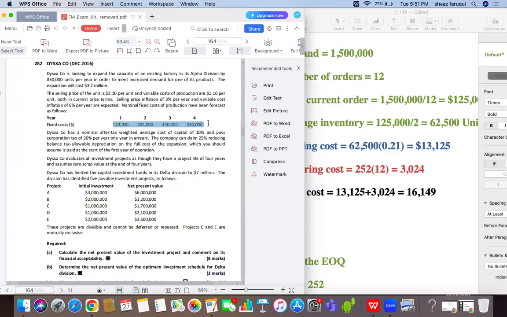So I simply subtract it. Nothing else needs to be done. Simply from the contribution of year 1, 2, 3, 4, just subtract the fixed cost. It's just there in the question. If you subtract fixed cost from the contribution, you will get the profit.